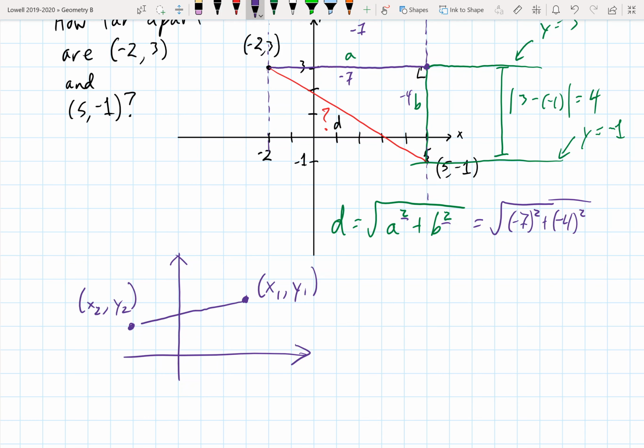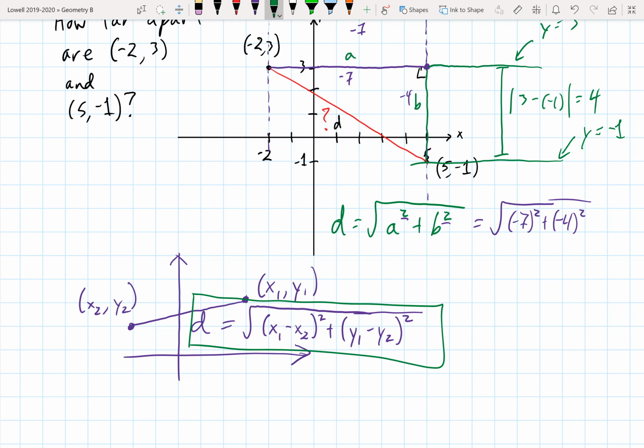If you want this distance right here, that distance is equal to, well, the difference in their x values will give you one leg, so the square root of x1 minus x2 squared, plus the length of the other leg, the difference in their y values, y1 minus y2 squared. And that's how you can find the distance between any 2 points on the coordinate plane.